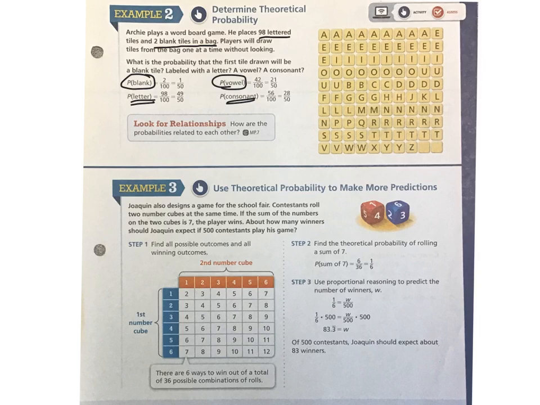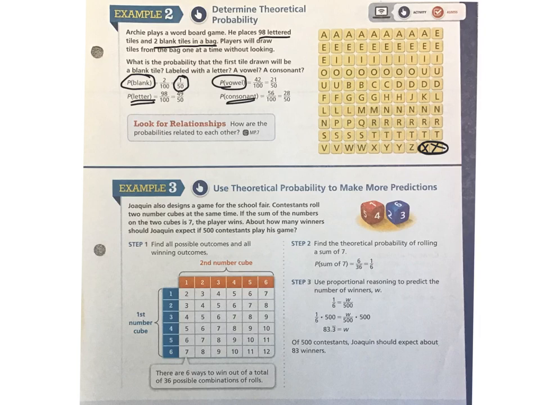Drawing a blank tile means these 2 tiles down here at the bottom of the picture. There are only 2 of them out of the 100 tiles in the set. So that means there is a 1 in 50 chance that the tile you draw first would be a blank tile.